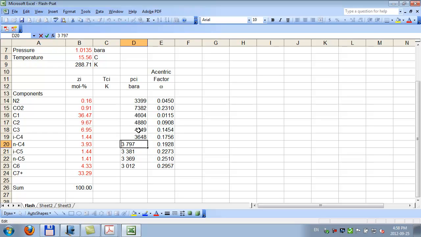At this point, you're starting to wonder why you became an engineer. I can only say that when I was your age, I was doing this with a calculator, punching in each number. Okay, so this is not bar, but kilopascal.